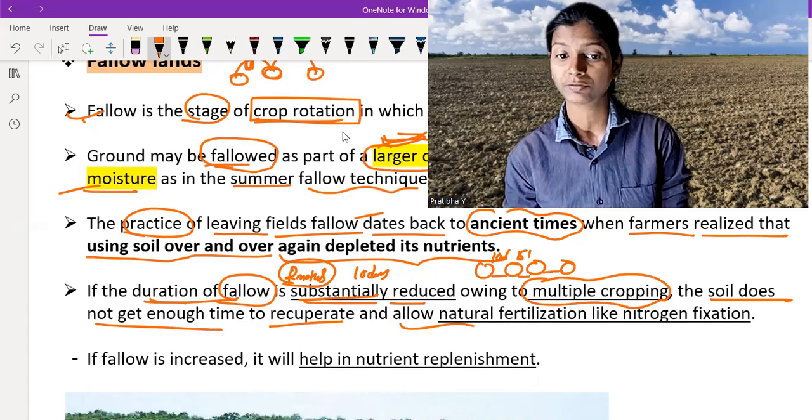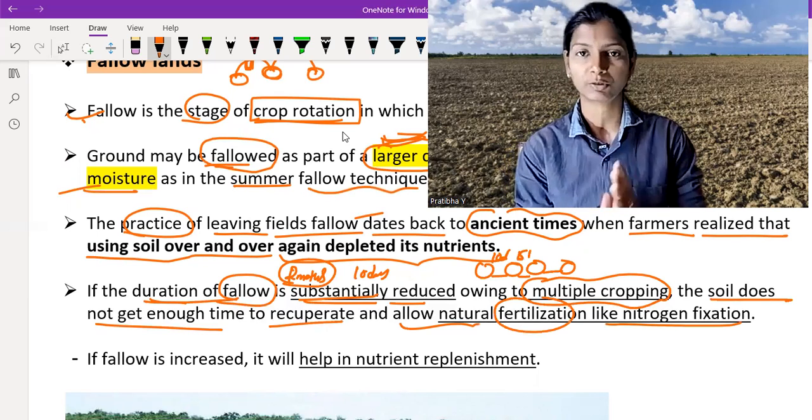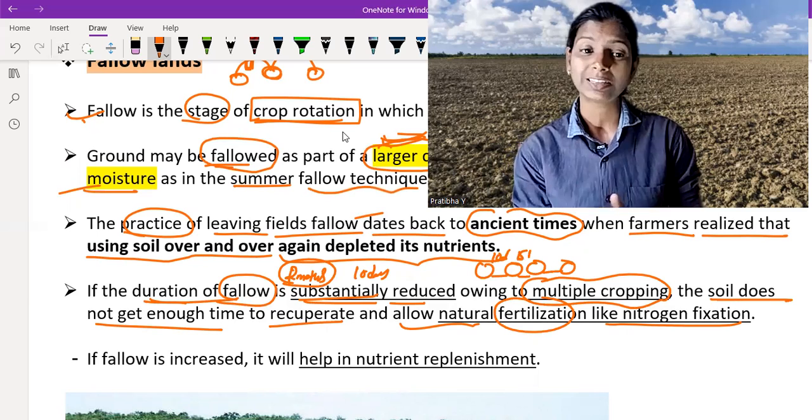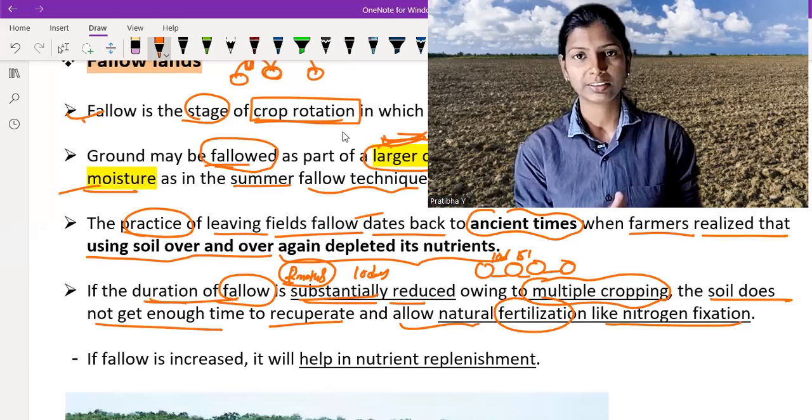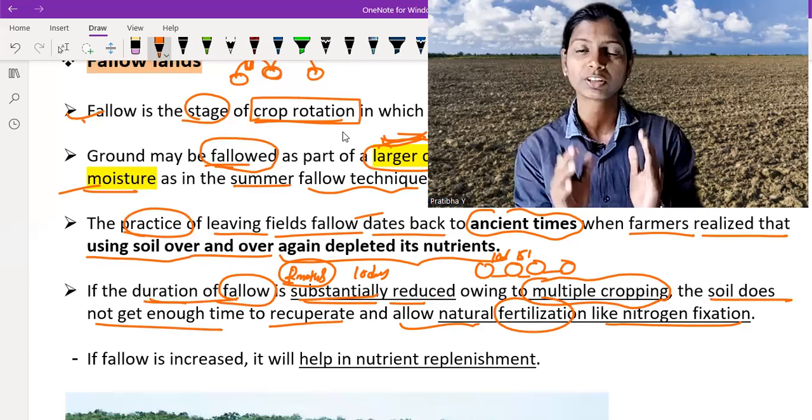Natural fertilization like nitrogen fixation is not happening because the duration is very short.